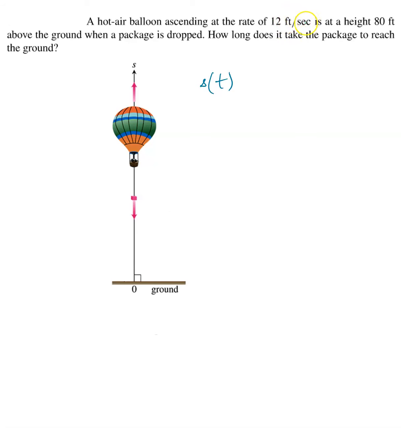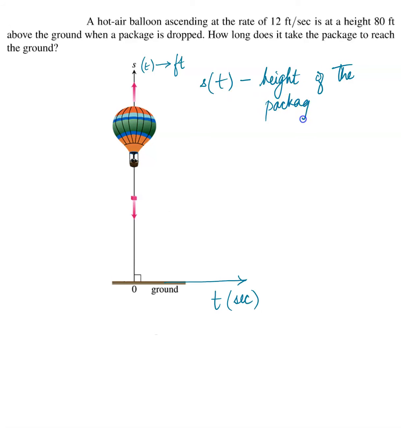Therefore the ground will be the x-axis, which is the t-axis measured in seconds, and the y-axis will be the s-axis, s of t, which is measured in feet because that's the height. S of t denotes the height of the package above the ground.